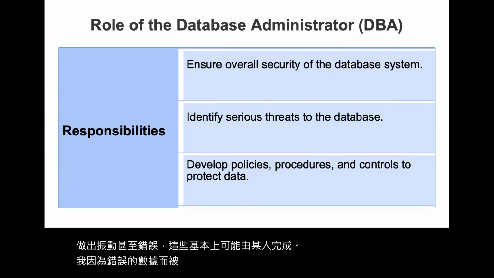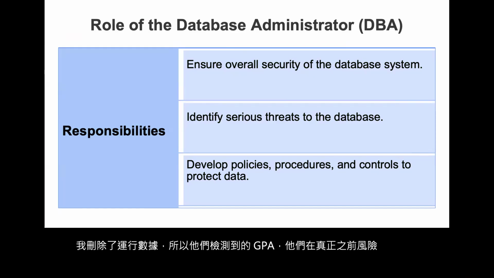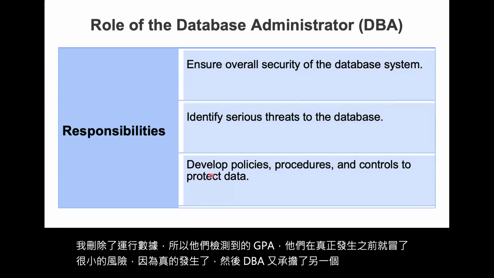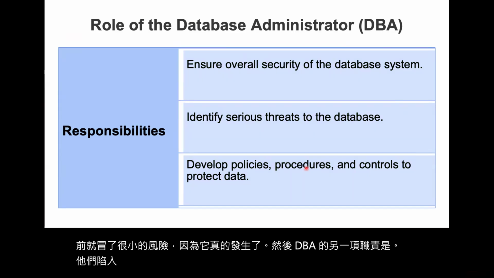So the DBA acts like a detective, and they spot risks before they really happen. And then another responsibility of the DBA is to develop the policies, procedures, and controls to protect the data.